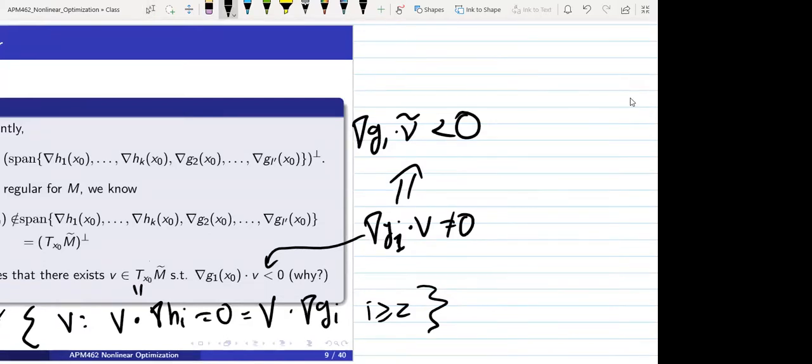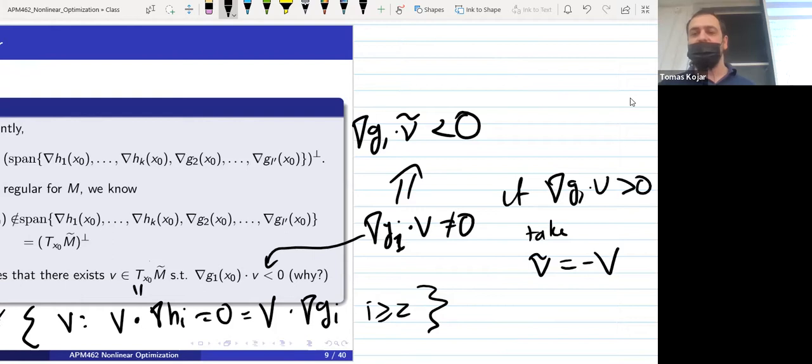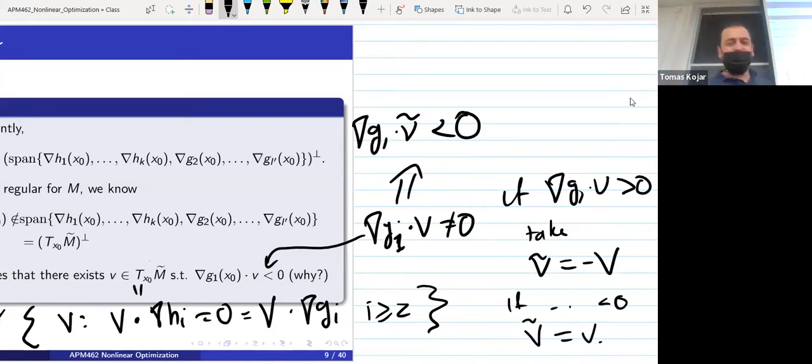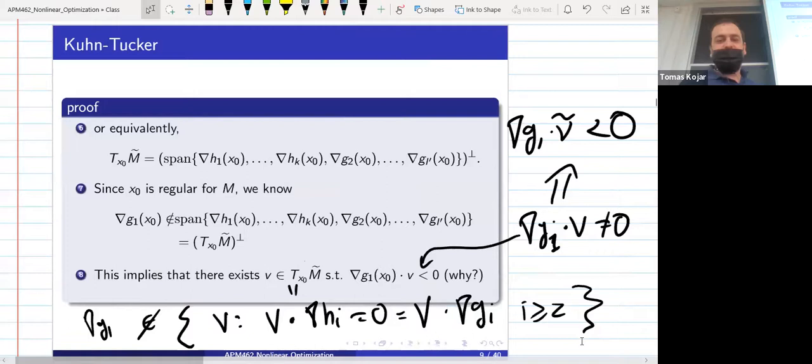So if the gradient of G1 with V is positive, take V tilde to be minus V. If it's negative, take them to be equal. Okay, I know this proof is very long, I'll explain why we care about this. So far so good. So there exists such a vector.